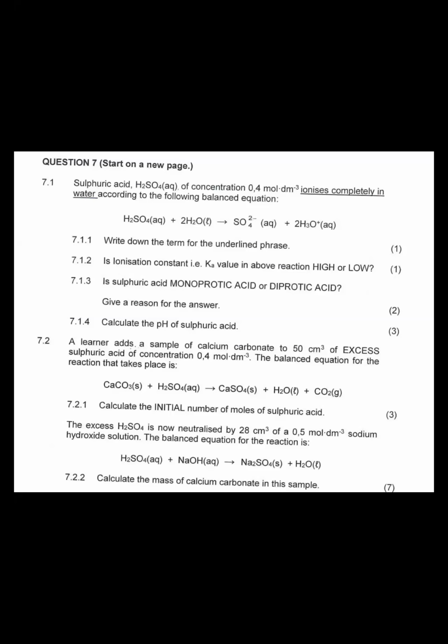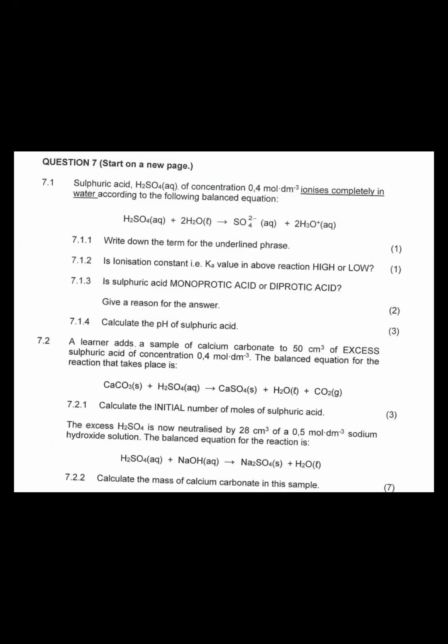So the question says that sulfuric acid is a diprotic acid. Why is sulfuric acid classified as a diprotic acid? It can donate protons. It's not a reason. Why?